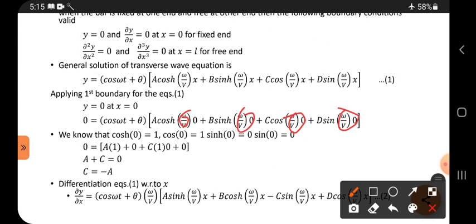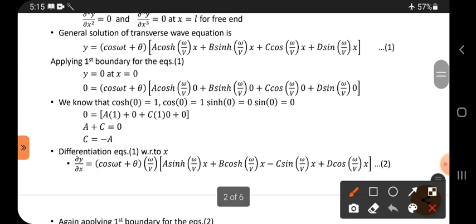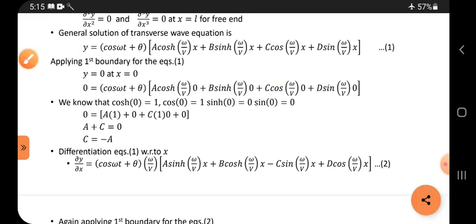We know cos 0 is 1, cosh 0 is 1, but sinh 0 is 0 and sin 0 is 0. Applying these values, we get a plus c only, and all the remaining terms are zero. So c equals minus a.